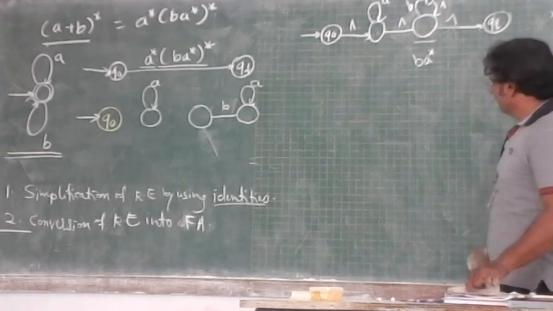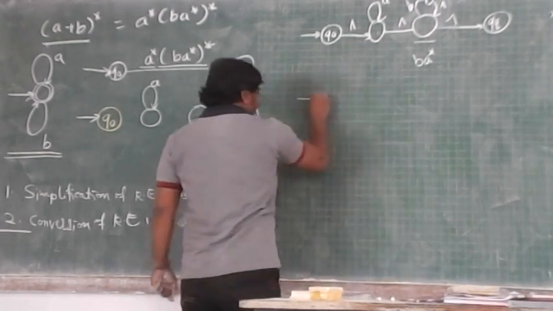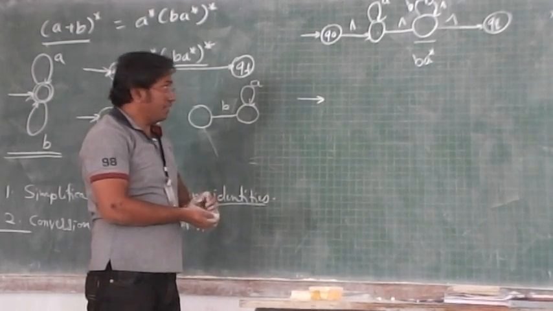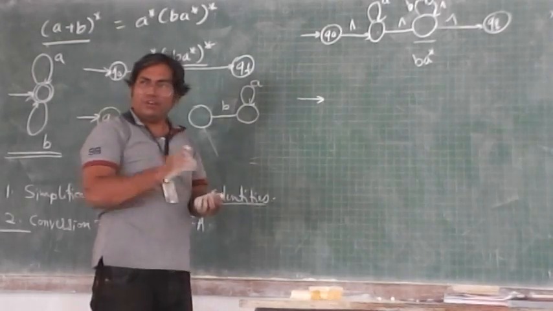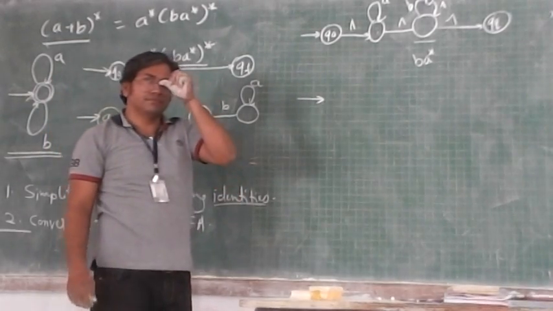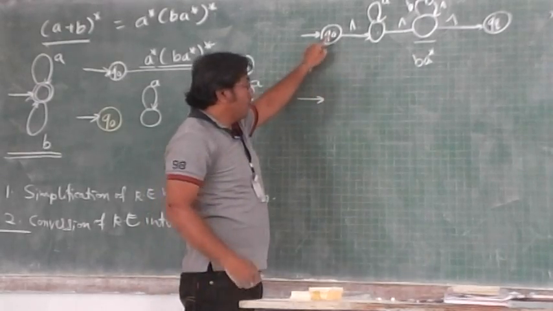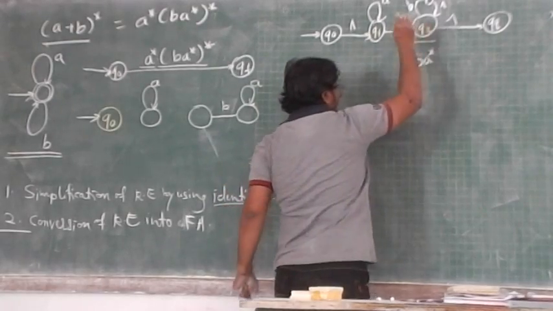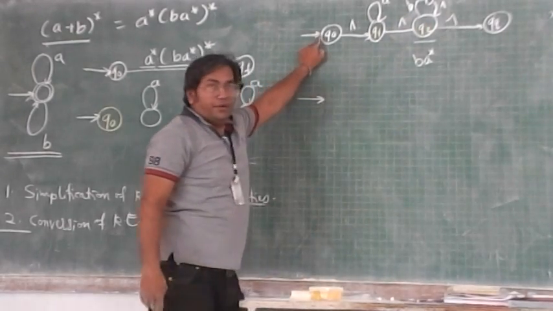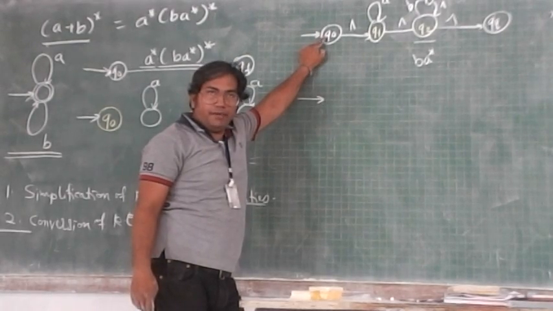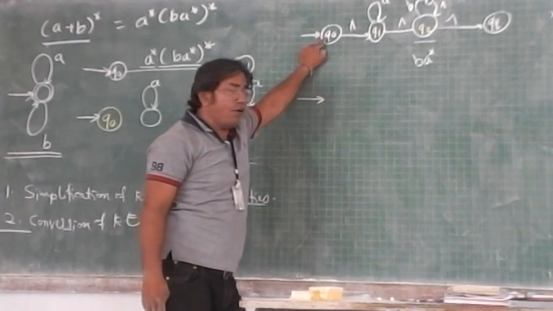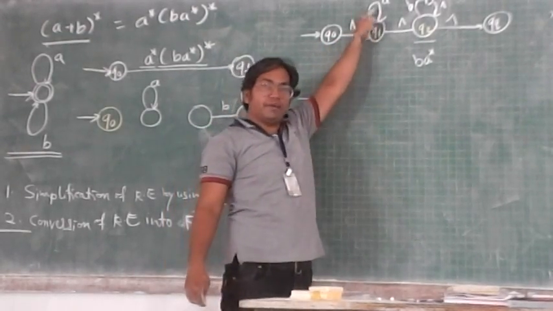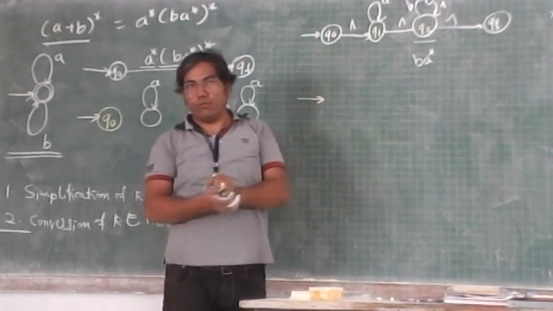Ready? Next, you should see whether it is possible to remove null without applying the method we studied previously. To get that, you need to use your simple common sense. See, with null I am able to reach the initial state, and from Q0 with null I am able to reach the Q1 state, and being there I am able to produce any number of A's.